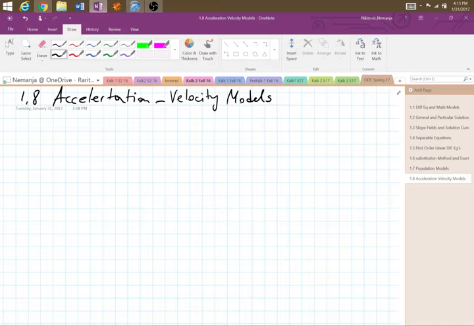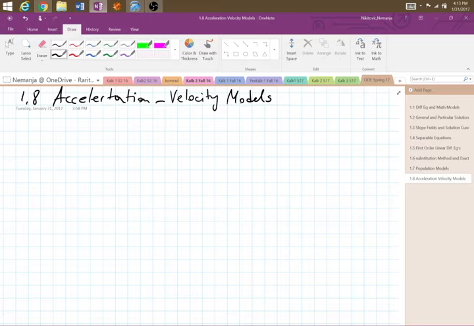We have already seen the basic ones, where we started with acceleration and worked up all the way to the position function, and we discovered the parabolic motion.